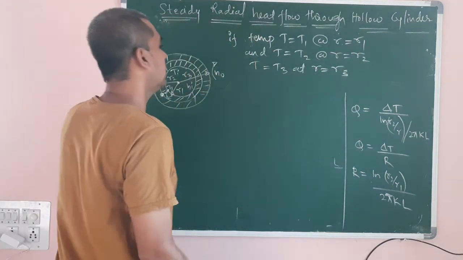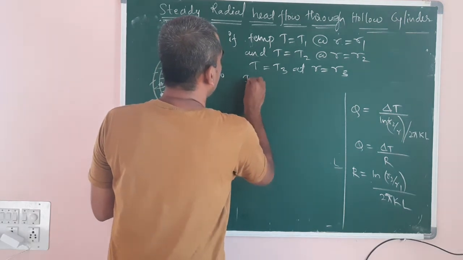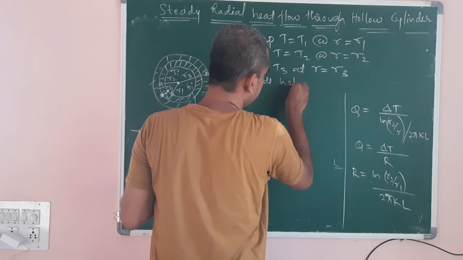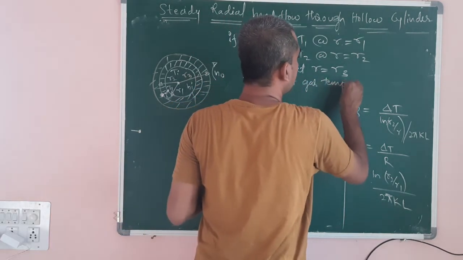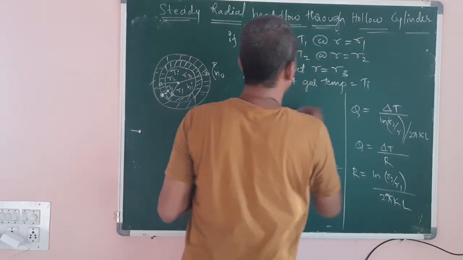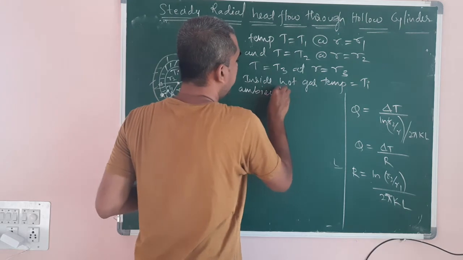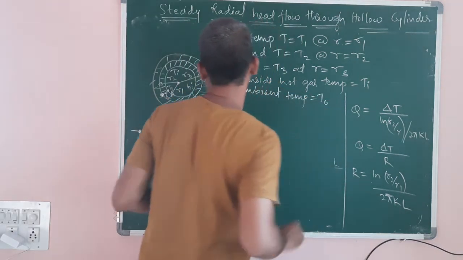The inside hot gas temperature is equal to Ti. The ambient temperature is equal to T naught.